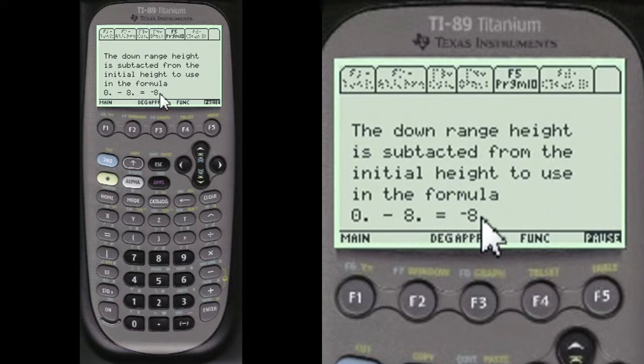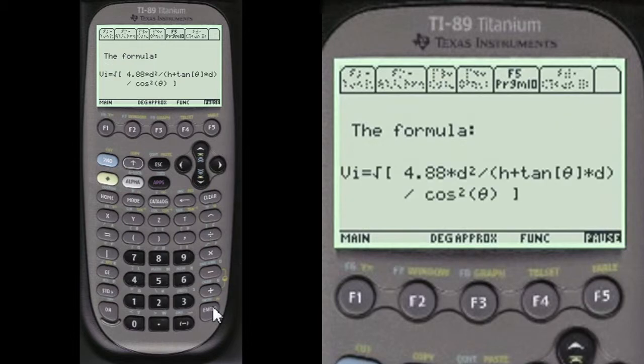It's always done that, because a lot of times it appears underneath the square root sign, and of course you can't have a negative under the square root sign. But irrespective of that, it's downward. Here's the formula. Write that on your paper.